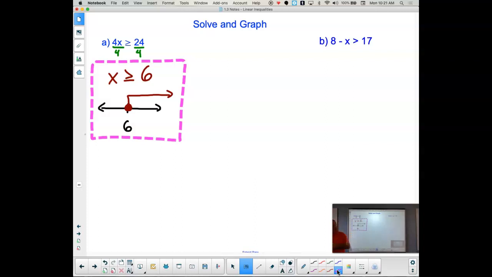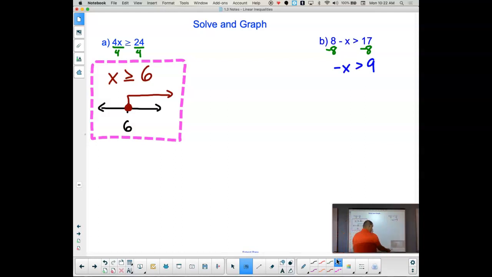8 minus x is greater than 17. So I would subtract 8. That gives me negative x is greater than 9.